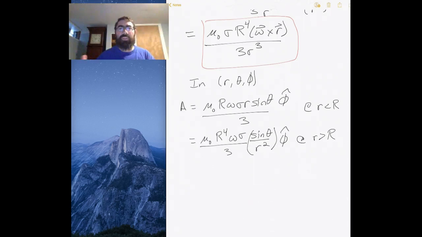Okay, so that was the magnetic potentials. What about the magnetic field?